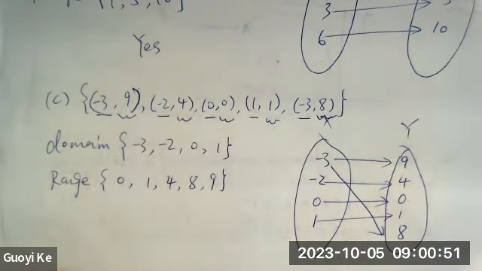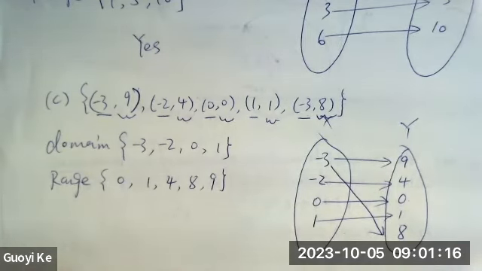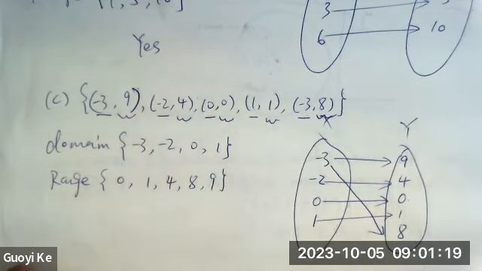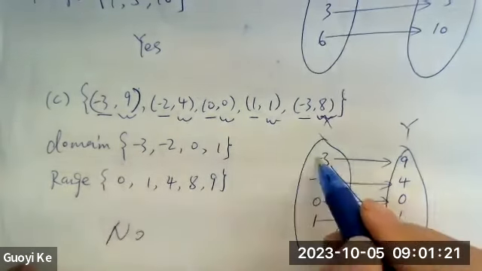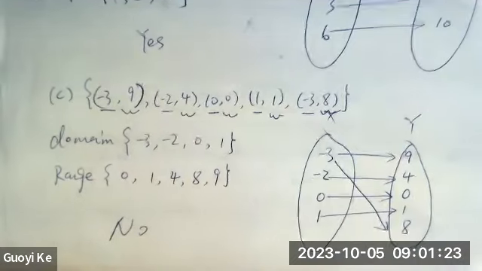Write down the numbers from smallest to the largest, similar to the X domain. If you don't write down in this order, you probably will not get any credit from your homework problem. Okay, does that make sense? So is that a function or not? No, because one x goes to two y's. That's it.